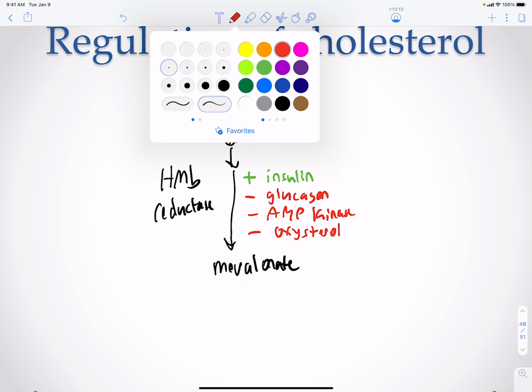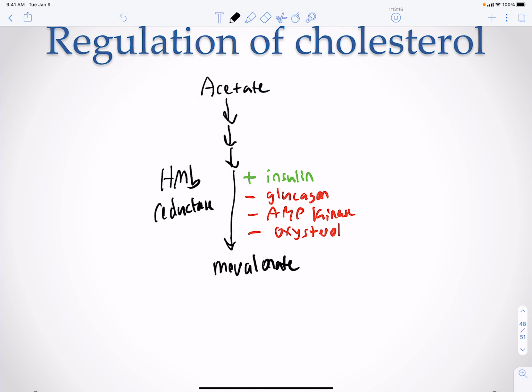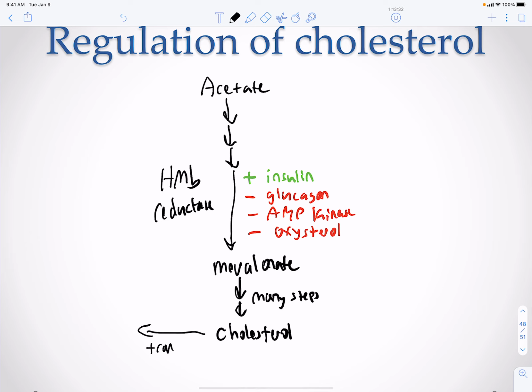Okay, so where does oxysterol come in? Well, mevalonate, of course, goes on many steps to make cholesterol. Right. And then you have a transferase to make your cholesterol esters.